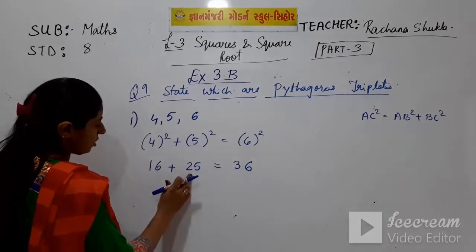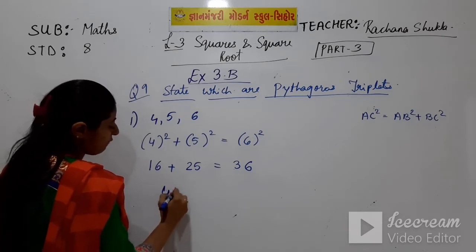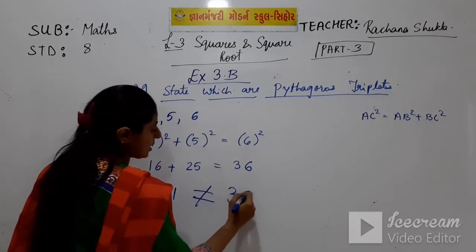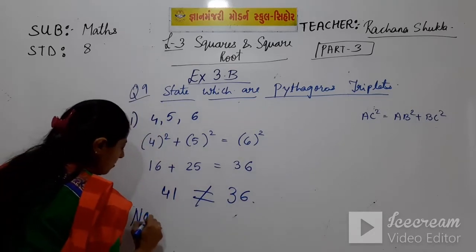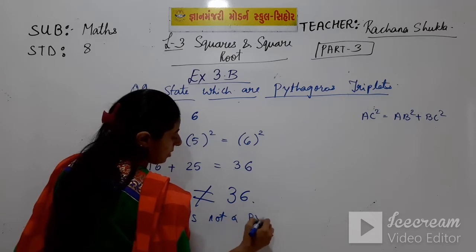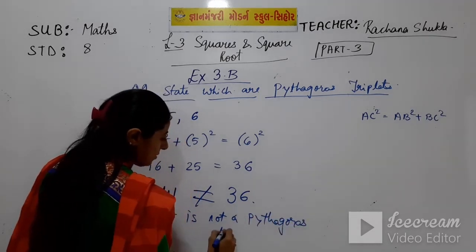No, it is not 36. It is 41. So 41 is not equal to 36. So no, it is not a Pythagoras triplet.